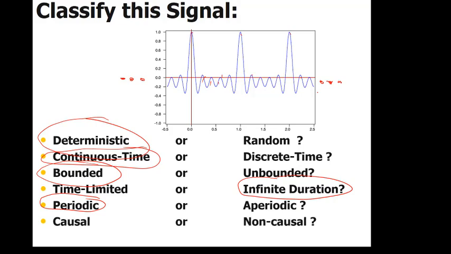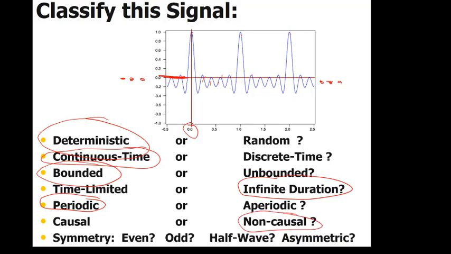Is this causal or non-causal? Well, here's our t equals 0 point. So we look back here and see that, yes, we have values other than 0 in our waveform, so definitely non-causal. And finally, does this have any symmetry around t equals 0? Even, odd, half wave, or none? Again, looking around t equals 0, we see what looks like this might in fact have even symmetry.